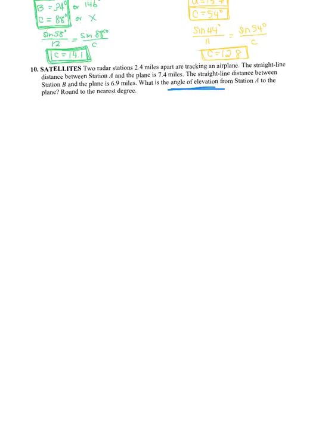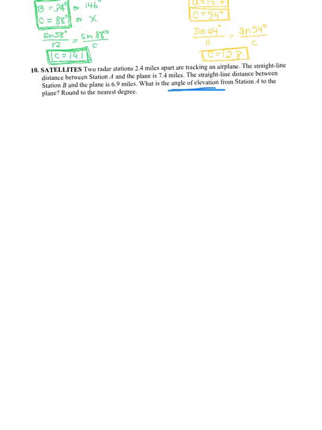Okay, so with word problems, I always like to draw a picture. All right, so I'm going to put station A right here and station B right there. And the distance between them is 2.4 miles.